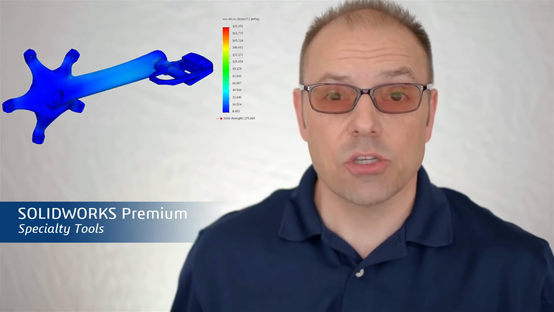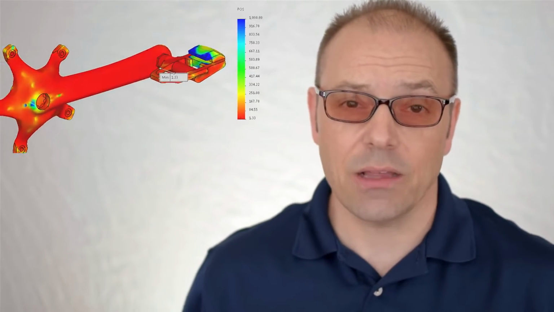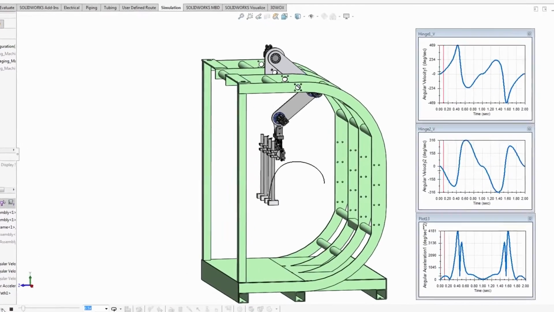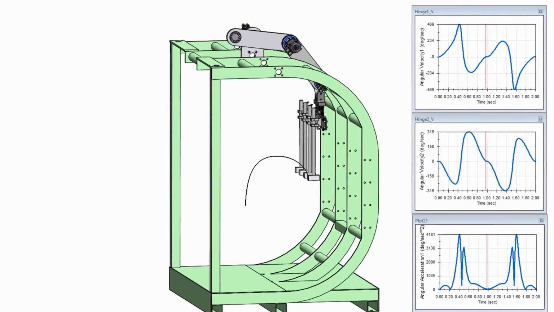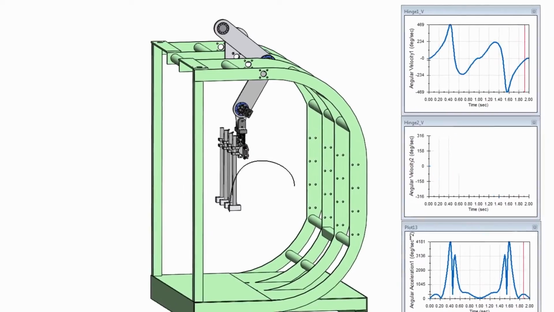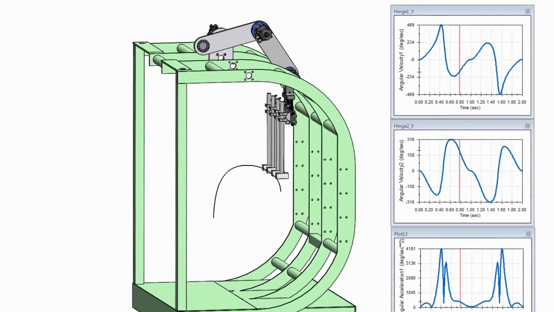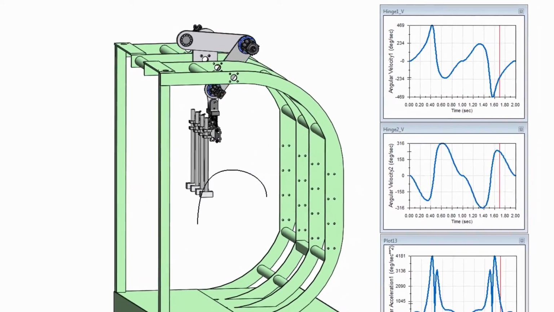SolidWorks Premium adds specialty tools for the power user, like simulation, so you can test your parts and assemblies for stress, deformation, and factor of safety under static loads. Kinematic and dynamic motion simulation helps you visualize range of motion, calculate velocity, acceleration, and reaction forces so you can size motors and other components before physical testing.